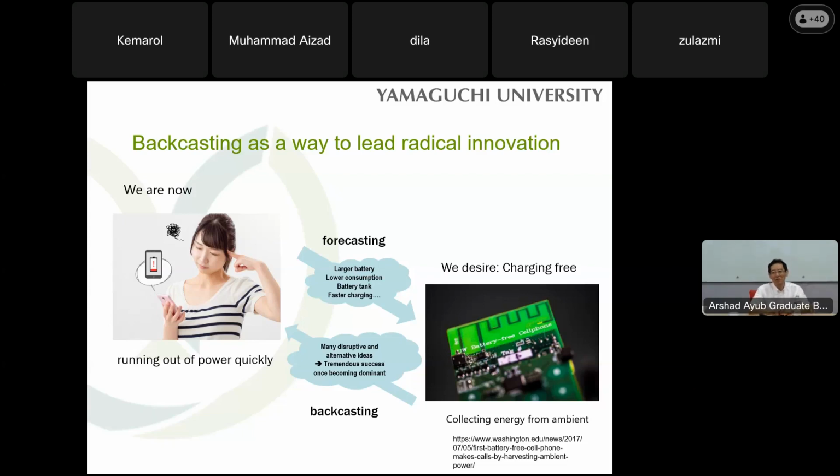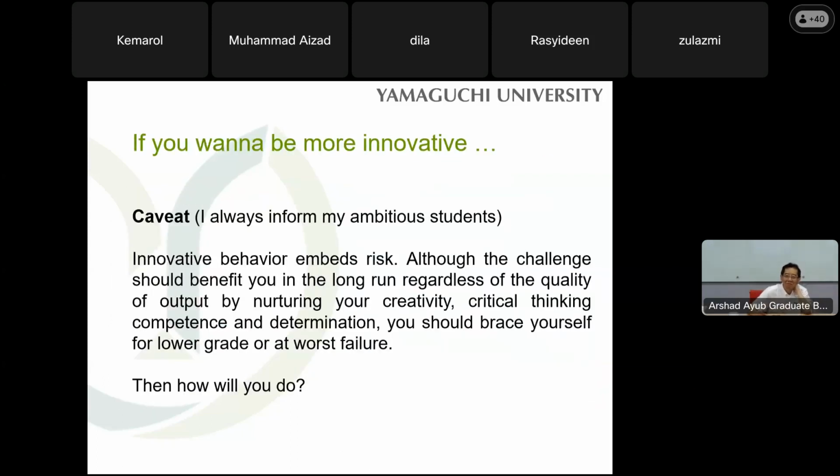Or some may say, it doesn't respect the academic way of thinking. So that's why I talk about innovative behavior and this risk. Some may not welcome it. It may be me or some others.